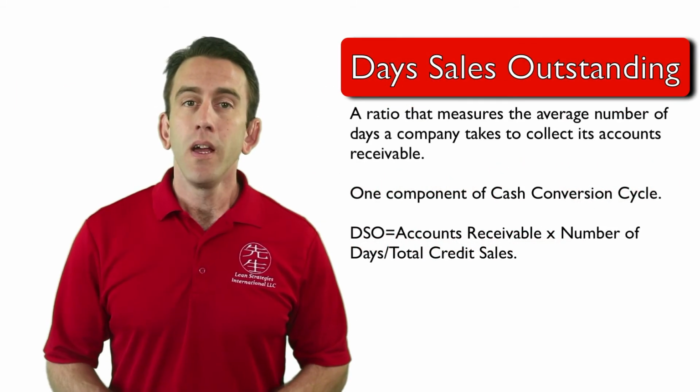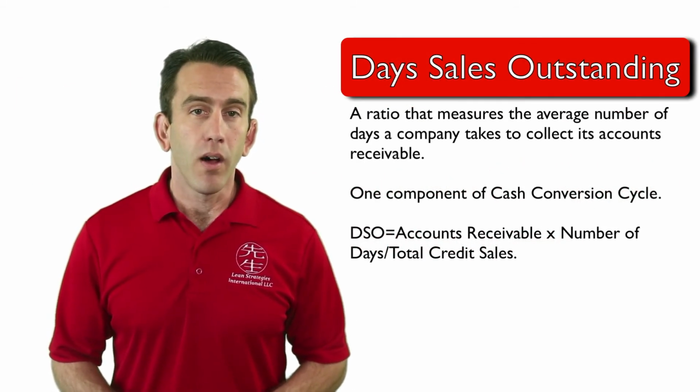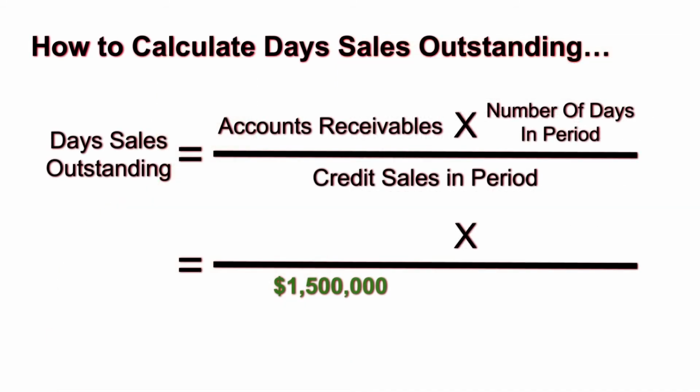For example, if a company has credit sales of $1.5 million over the course of a year and an accounts receivable balance of $150,000, we would calculate the DSO by first multiplying our accounts receivable of $150,000 by the number of days in our period, which in this case is 1 year or 365 days.